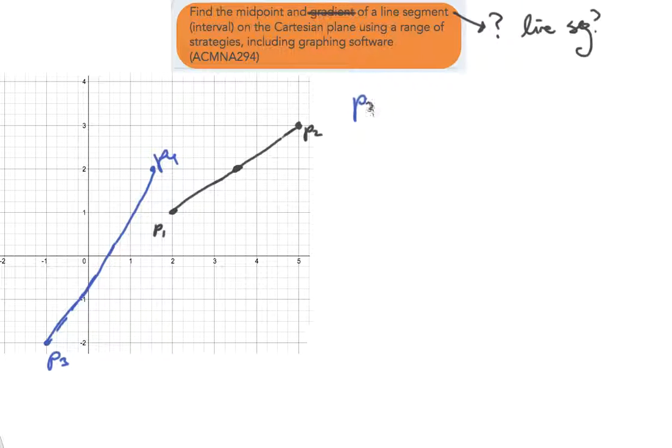So, point 3 is at negative 2, negative 1, and point 4, I'll draw them above each other so I can do the same thing I did before. Point 4 is at 1.5 and 2 up.